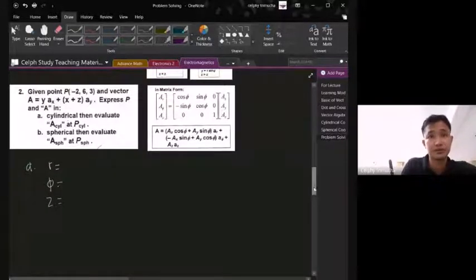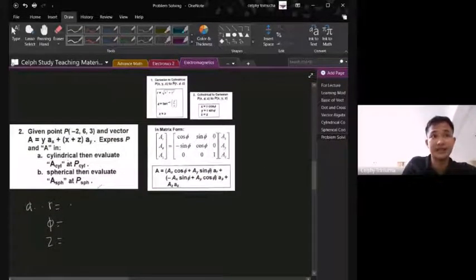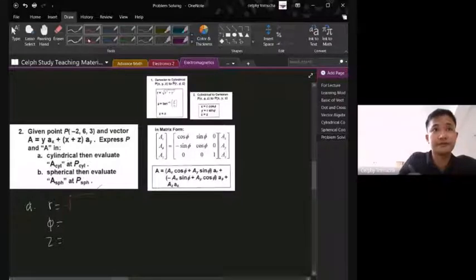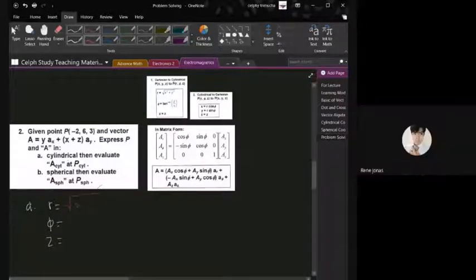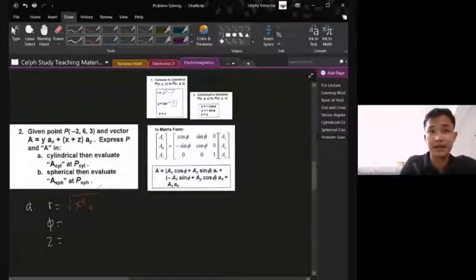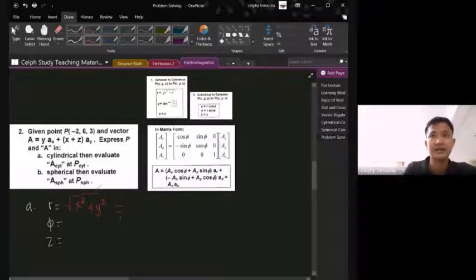To transform into cylindrical, kinahanglan naton yung mga coordinates: r, angle, and z. So, r naton will be equal to square root of x squared plus y squared.